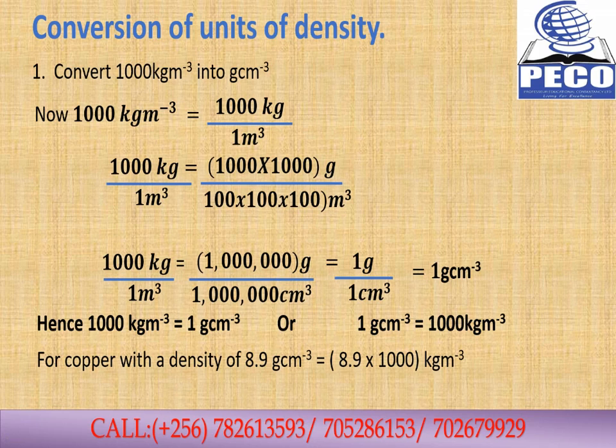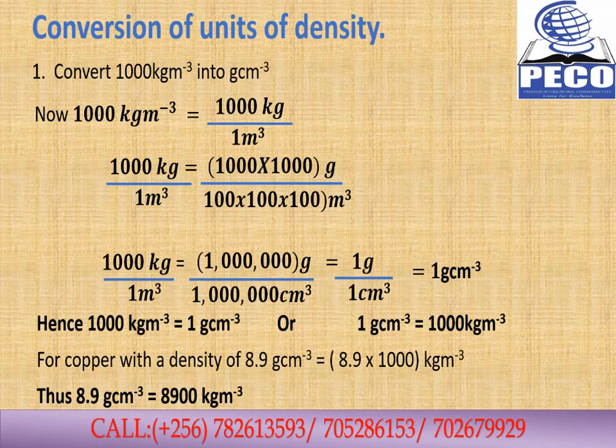So for copper, with the density of 8.9 grams per cubic centimeter, how can we convert to kilogram? We just have to multiply by 1000. 8.9 times 1000, and our value will be 8900 kilogram per cubic meter.